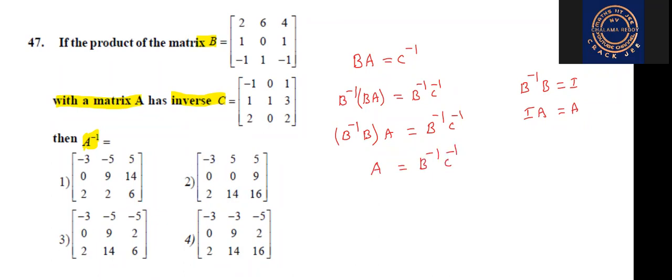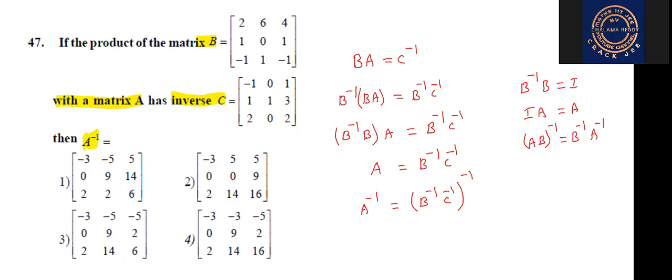But we need A inverse, so apply inverse on both sides. A inverse is equal to B inverse C inverse whole inverse. What is the AB whole inverse formula? Generally, that is B inverse A inverse.